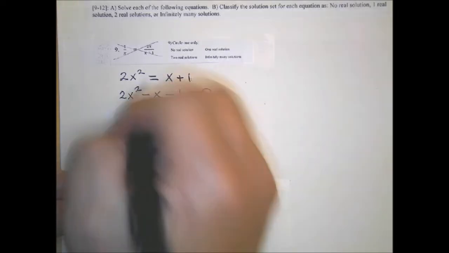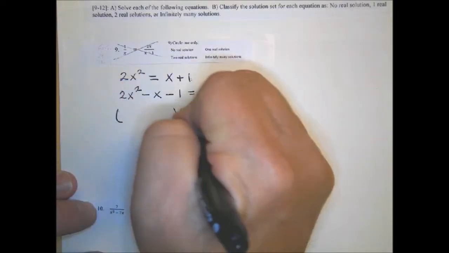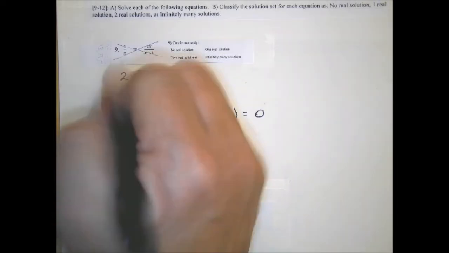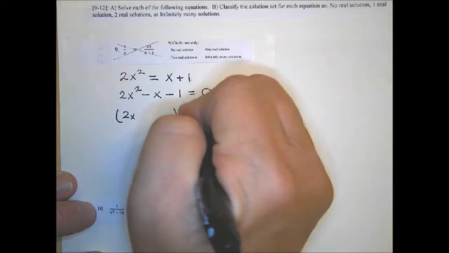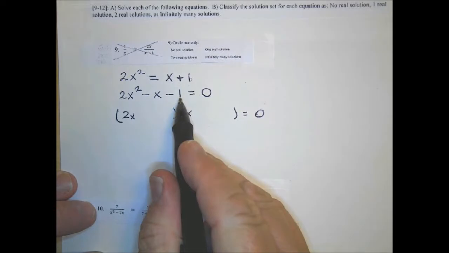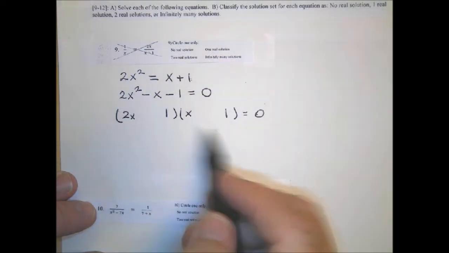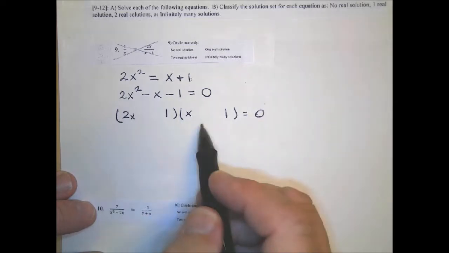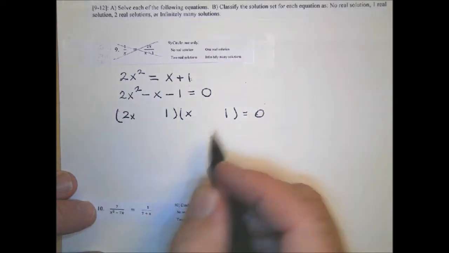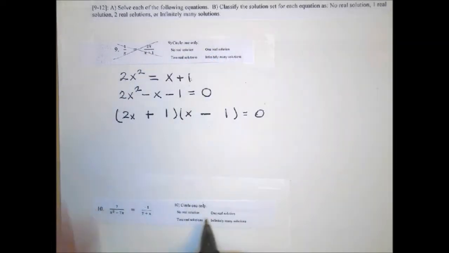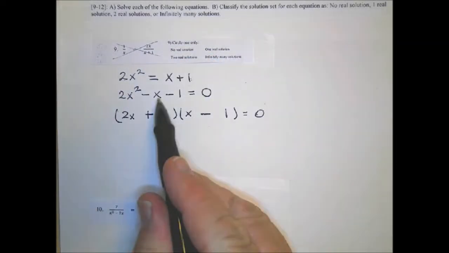Okay, now I'm going to factor this problem. It's a guess and check factor, so 2x and x. The factors of 1, there's really only one combination that's going to get you 1, and that's 1 times 1. But where does the positive and where does the negative go? The negative's going to have to go here, and the positive's going to have to go there in order to get negative x in the middle.